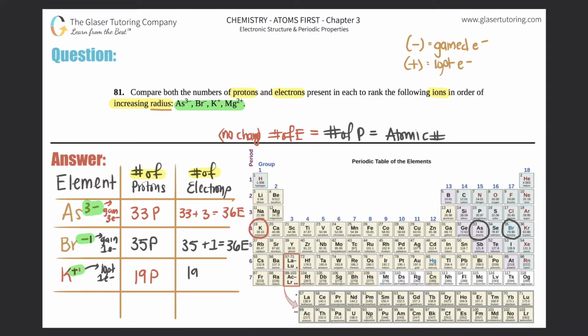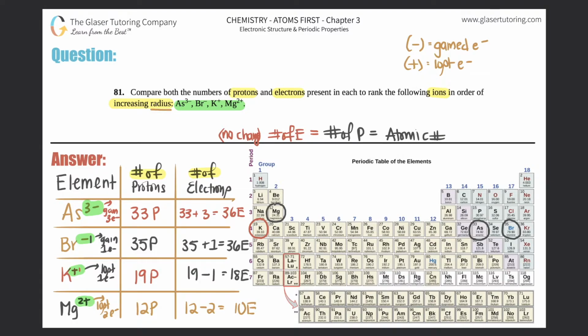So 19 minus 1 is 18 electrons. And then last but not least, Mg2+, magnesium, is over here on the periodic table. It has an atomic number of 12, which means that it has 12 protons. And a +2 signifies that you lost 2 electrons. So you have 12 minus 2, which is 10 electrons.